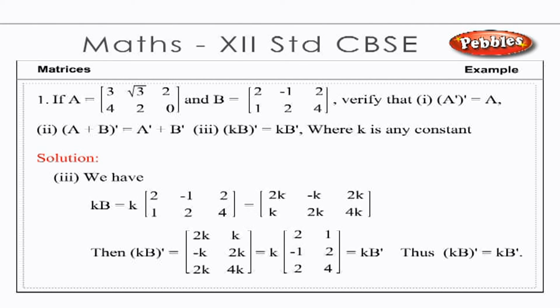Then (kB)' is equal to matrix 2k, k, minus k, 2k, 2k, 4k is equal to k into matrix 2, 1, minus 1, 2, 2, 4 is equal to kB'. Thus, (kB)' is equal to kB'.